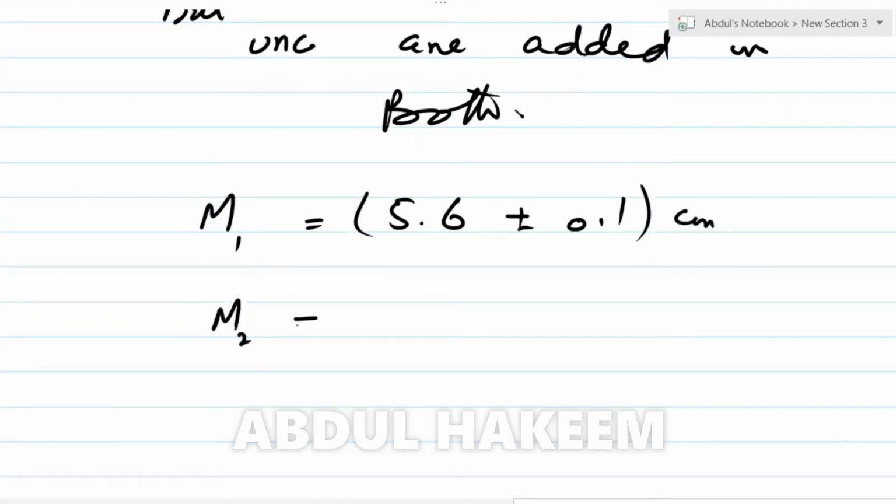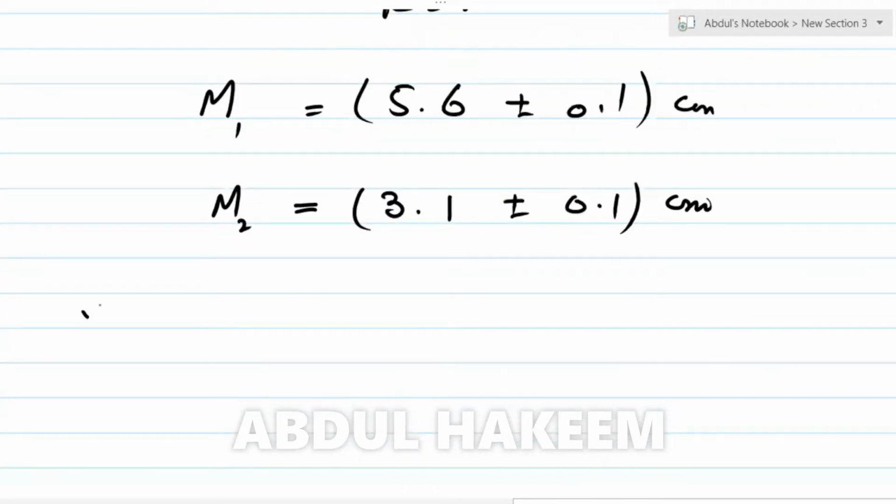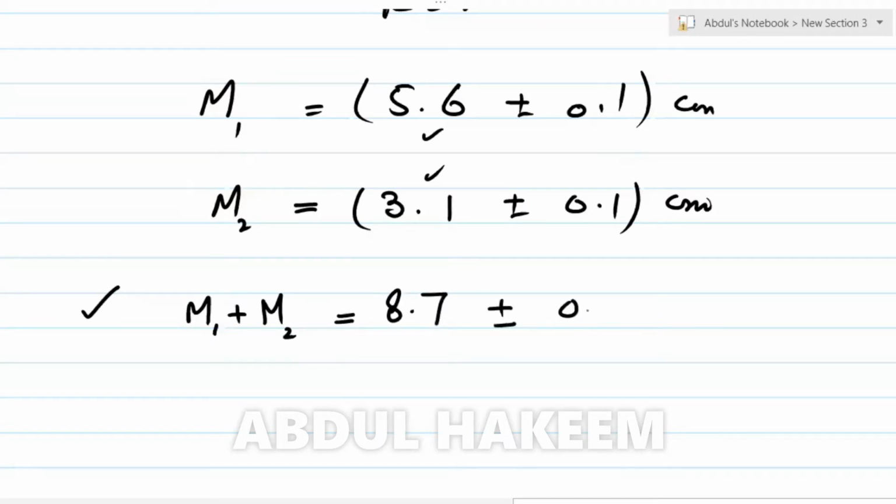And the measurement number 2 is suppose 3.1 plus minus 0.1 centimeter. Then when the question is calculate M1 plus M2 with uncertainty, so we will add the readings. This is 8.7 plus minus, readings are also added, 0.2, answer in the same unit.